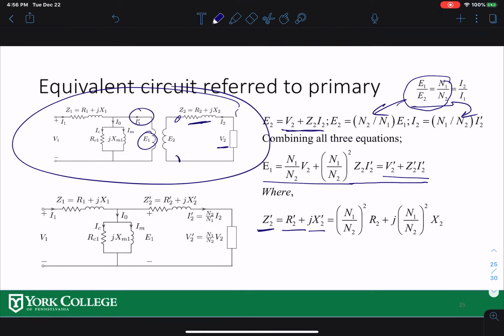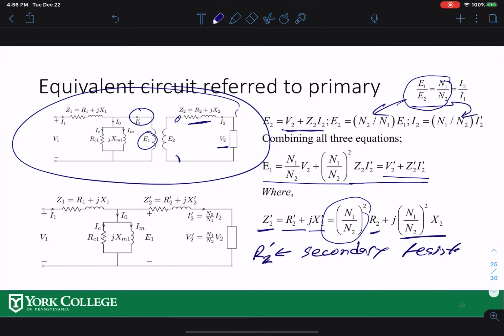That means N1 over N2, the turns ratio squared, times R2 will give you R2 prime. And X2 prime is N1 over N2 squared times X2. What is this called? R2 prime is the secondary resistance referred to primary. So it was in the secondary, and I'm referring that to the primary, that's what R2 prime is.